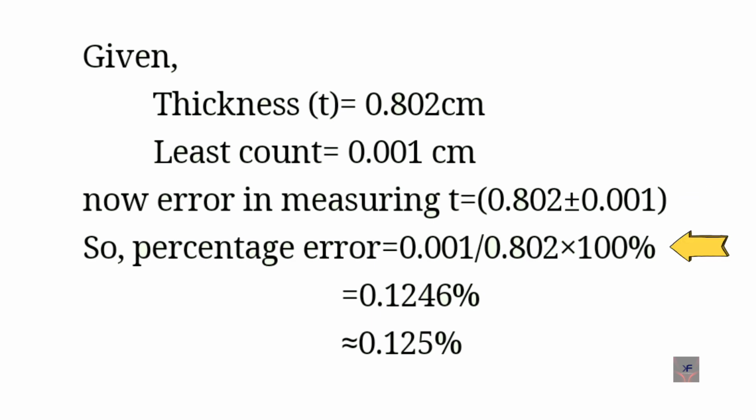Therefore, the percentage error is equal to 0.001 divided by 0.802, which is multiplied by 100%. When you solve this you get 0.1246%, which is approximated to 0.125%. Therefore, the correct option is A.